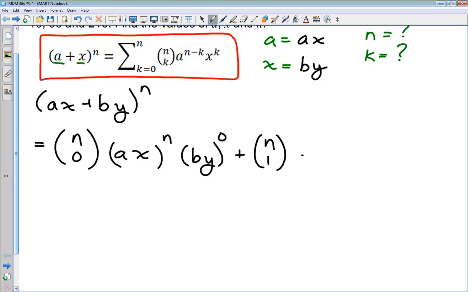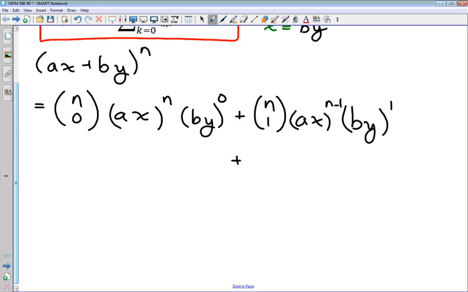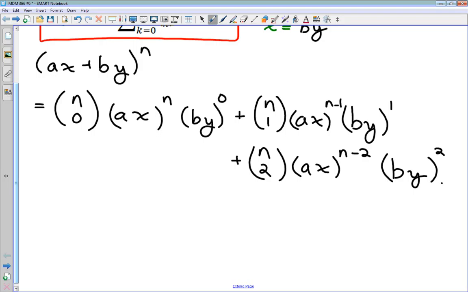Again, we're going to have (ax), this time to the n minus 1, and then (by) to the 1. And then our third term is going to be n choose 2, (ax)^(n-2), (by)^2. I don't really need to go beyond that because we're only given information about the first three terms.